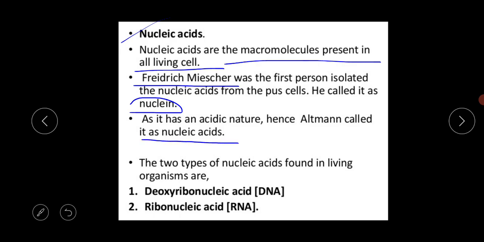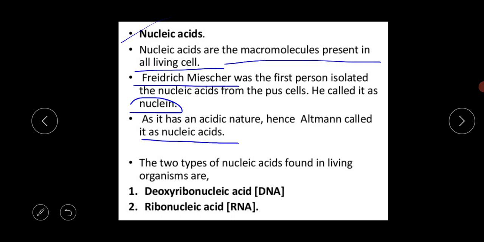Why is this called the nucleic acid? Because it is acidic in nature, hence Altmann called it the nucleic acid. Normally there are two types of nucleic acid found in all living organisms: the deoxyribonucleic acid and the ribonucleic acid.